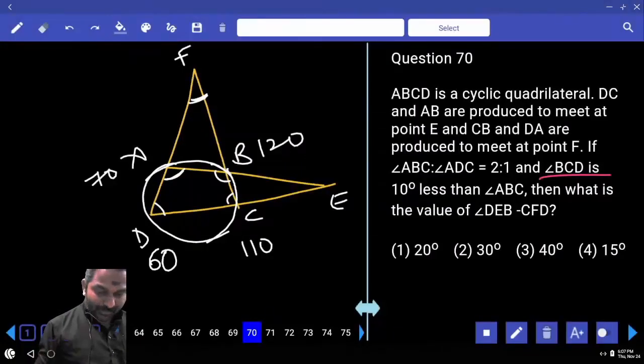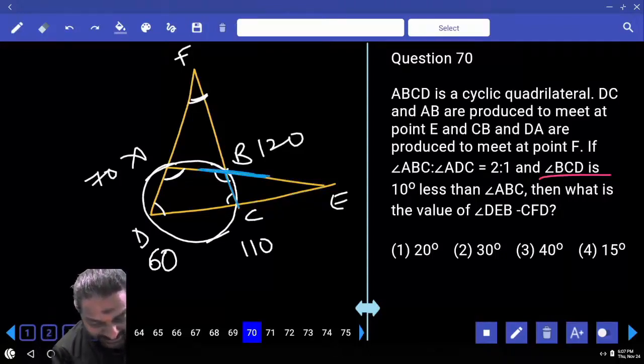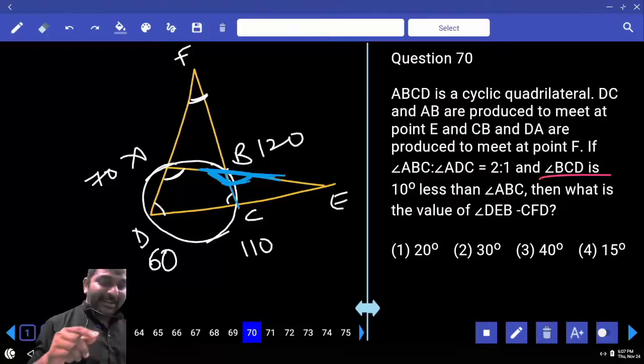Now I will concentrate on this particular triangle. In that triangle, this is a straight line. Angle at B, ABC, is 120. Straight line in the sense, if you add the other angle, it must be equal to 180, right?